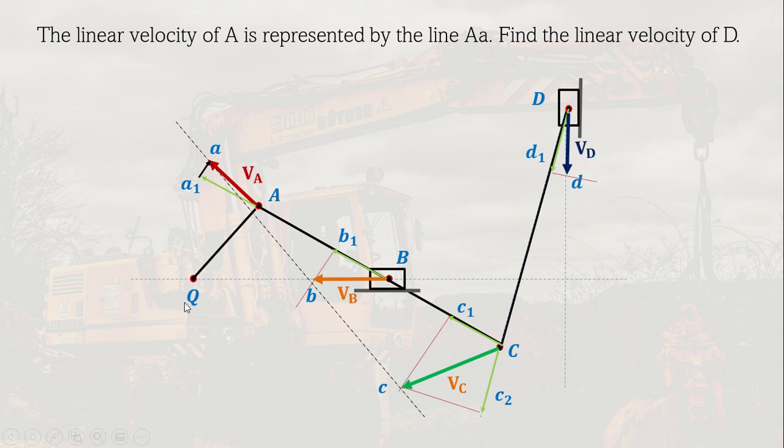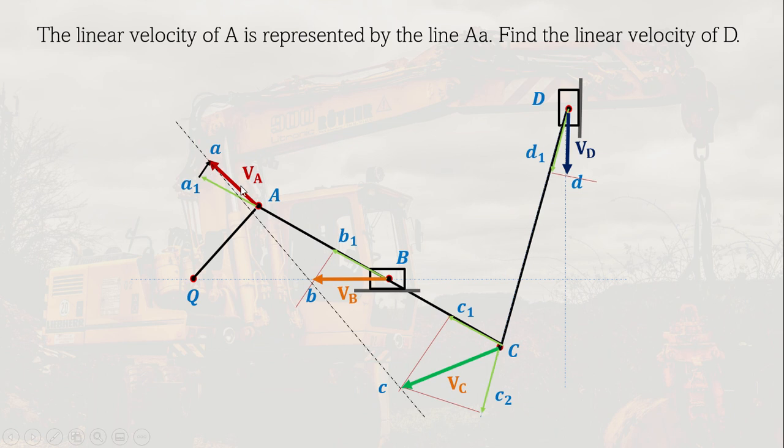So as you can see, if point A will move in that direction in a link, point B will move to the left, point C will move to that direction, and point D will move downward. And we can also get the magnitude if we know the scale. So for example, the velocity of A is 1 inch equals 100 feet per second.